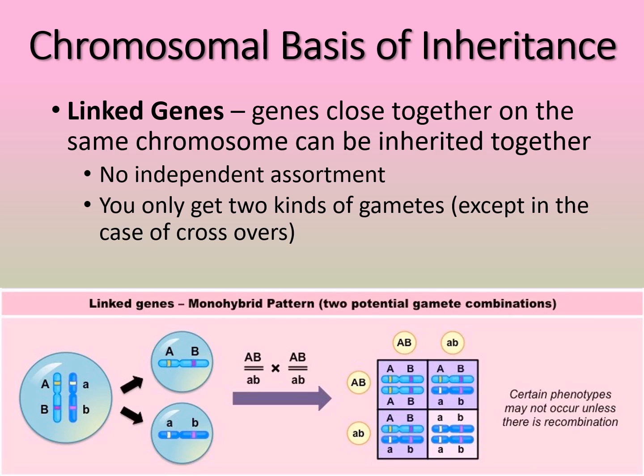So this means that normally, if we don't take crossing over into account, we only get those 2 kinds of gametes. And so that means that certain phenotypes may not occur, unless you do have a crossing over event, or what we call recombination.